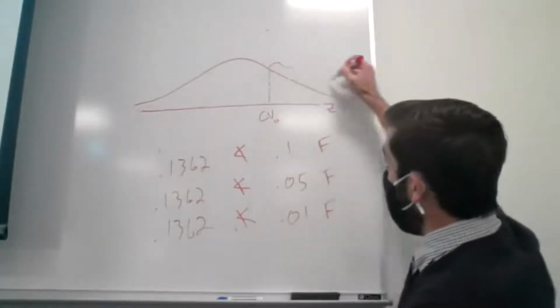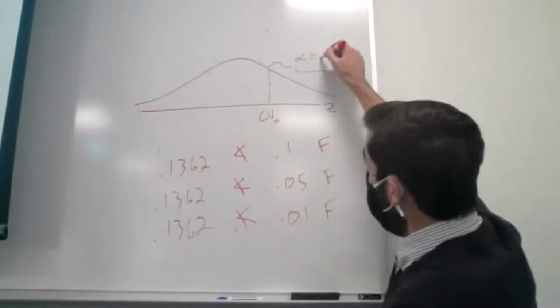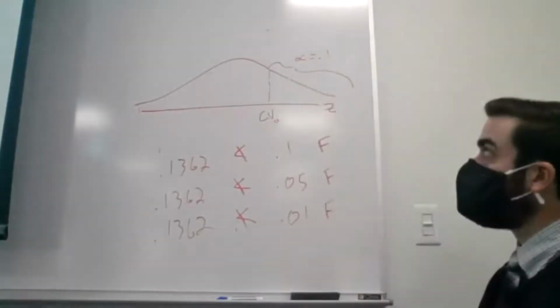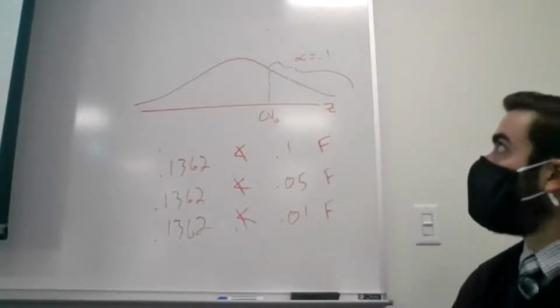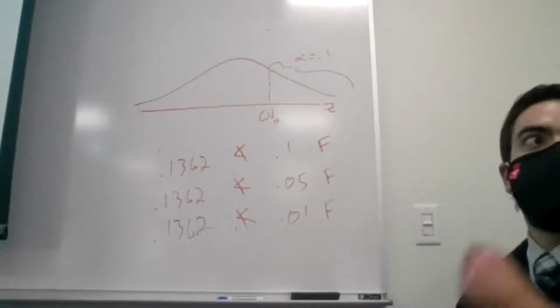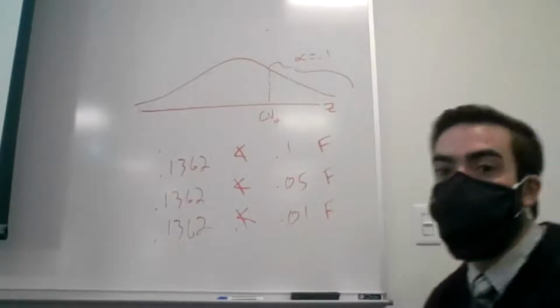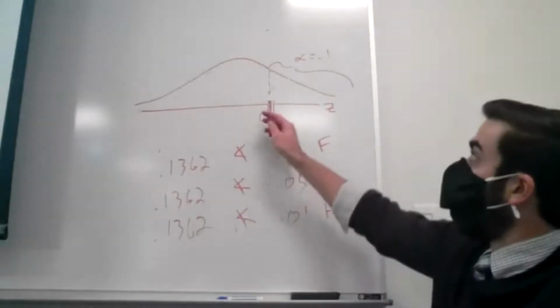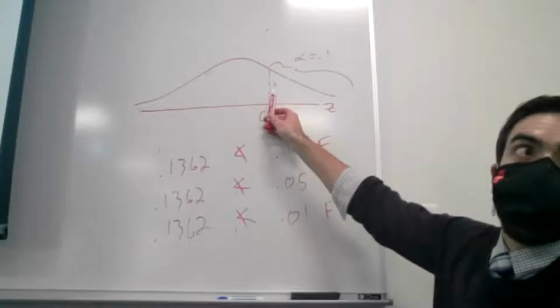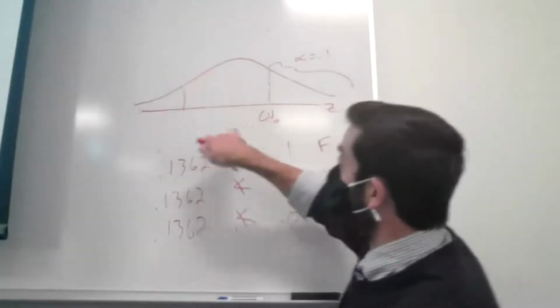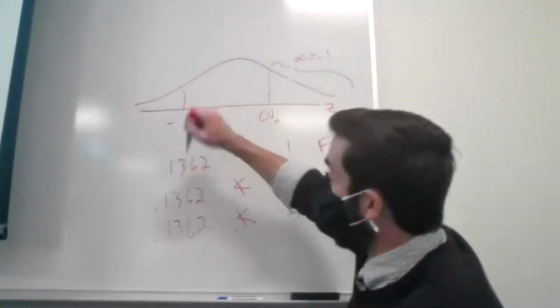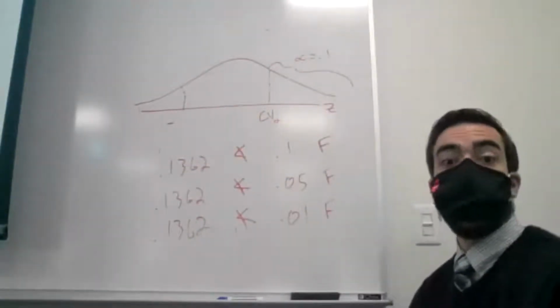So let's do that first alpha, excuse me, 0.1. Well, if I go to the table to try to find this, and I look up 0.1, what's going to happen? I'm not going to find the correct critical value, because remember the table always looks at the area to the left, so it's actually going to give me that same value, but negative. Which is okay.